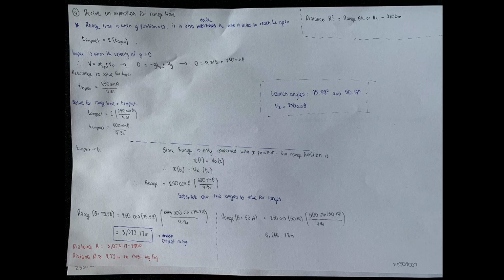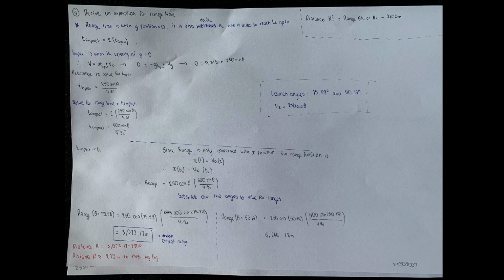Therefore, if we use our equation from the start for the velocity, we have written down that the velocity is acceleration times t apex plus initial velocity, which we can turn into 0 is equal to minus g, which is acceleration, times t apex plus vy. Vy we know as 250 sine theta, so you apply that following the arrows, and you get 0 is equal to minus 9.81 t plus 250 sine theta.